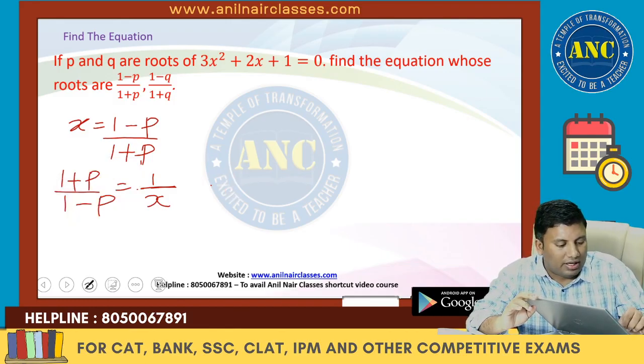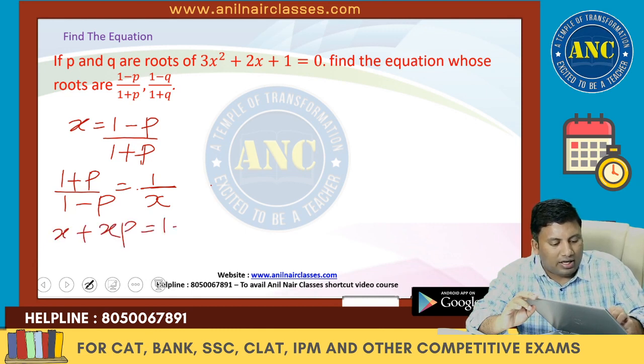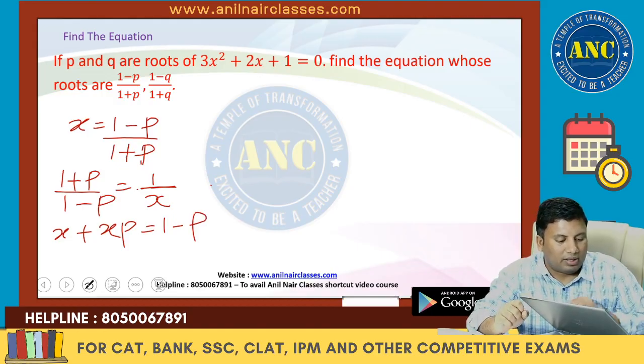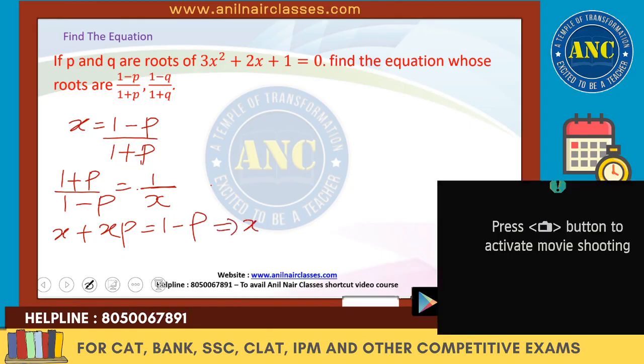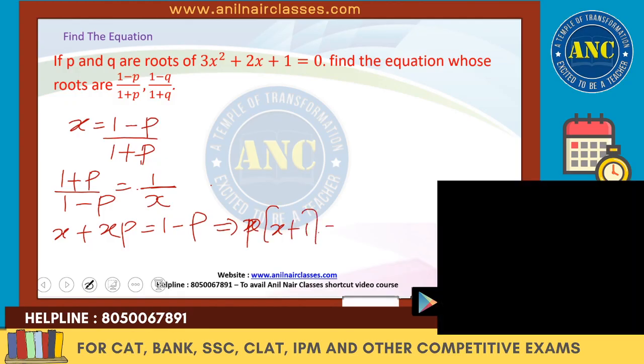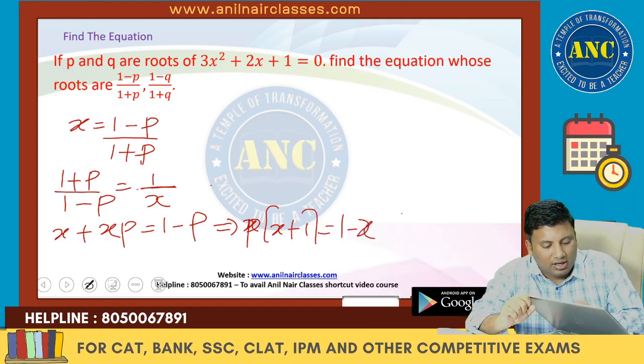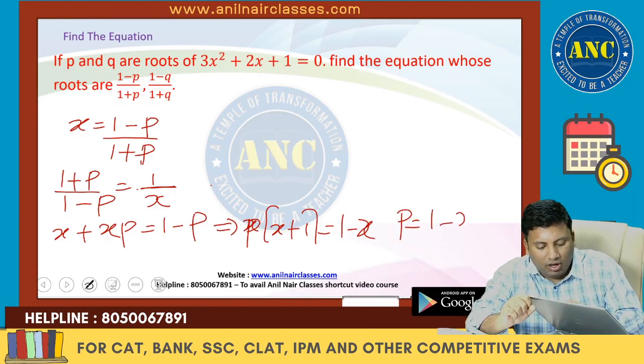So if I do it, x plus xp is equivalent to 1 minus p. So p in terms of x is what we require: p into (x plus 1) equivalent to 1 minus x. p is nothing but (1 minus x) by (1 plus x).